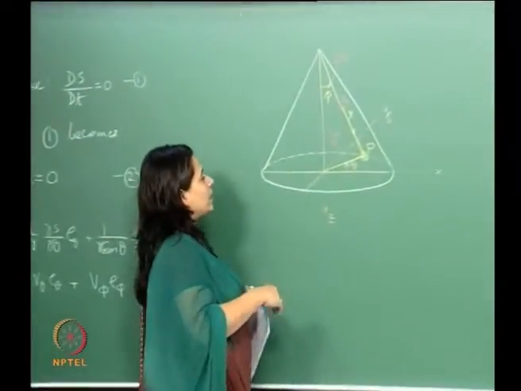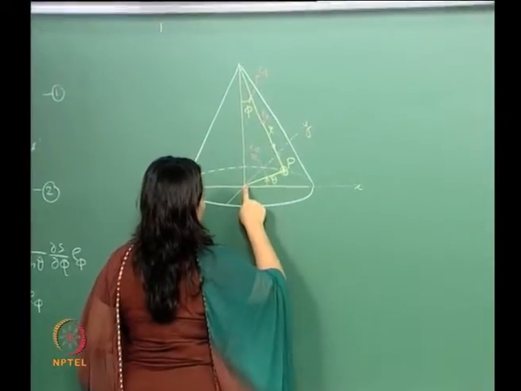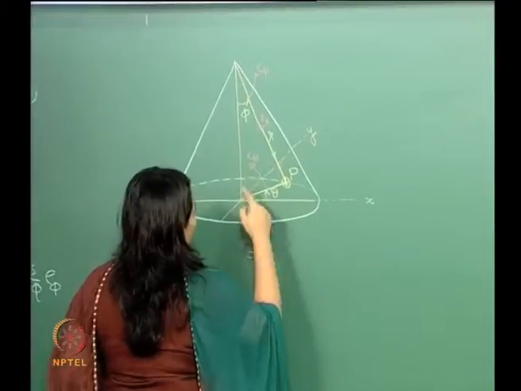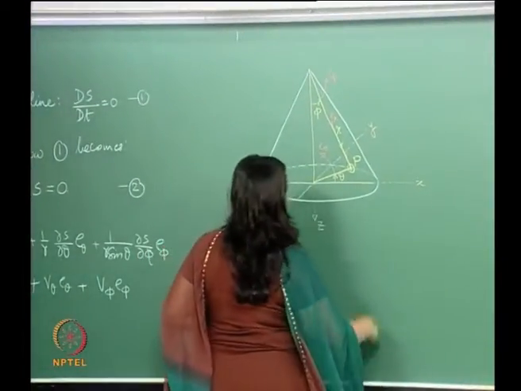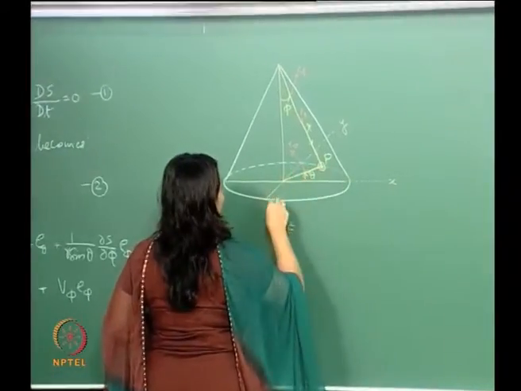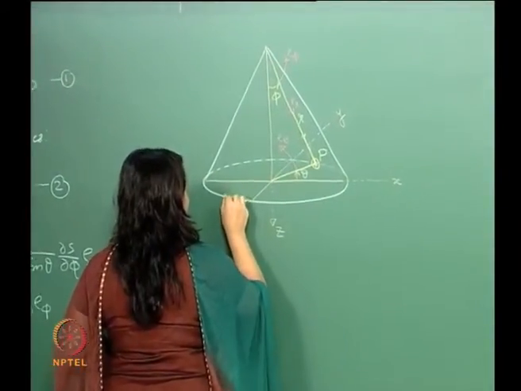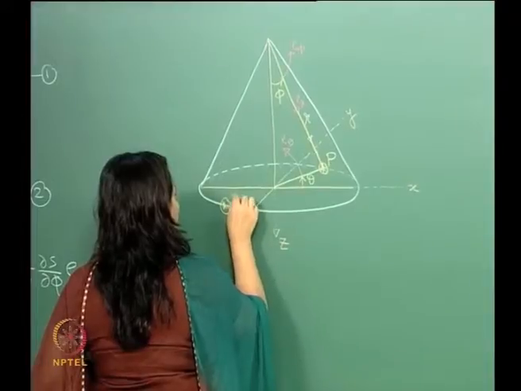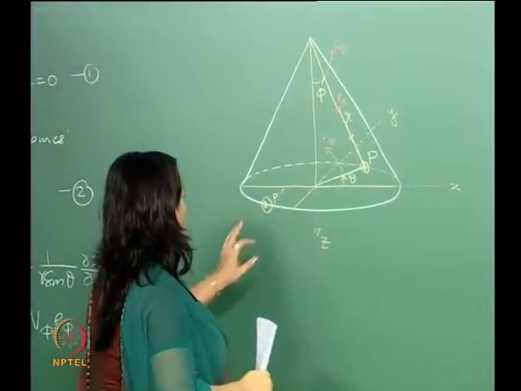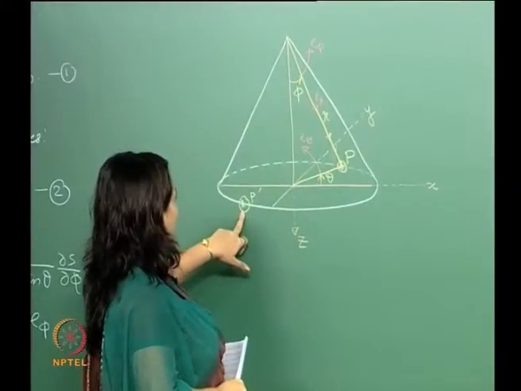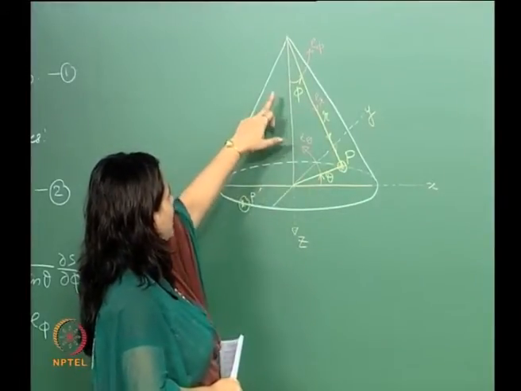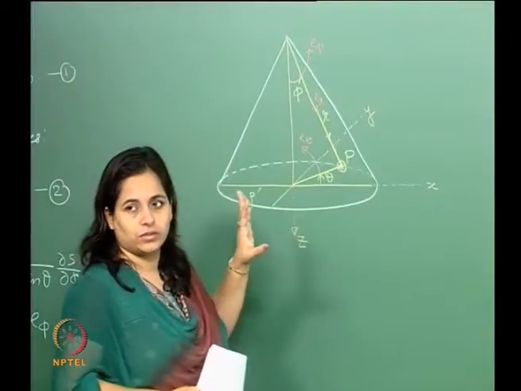So, if I have a point that goes from one point to the other. Say this P was originally at some location here, and it moves from P dash to P. So, you can see that here the theta, the phi and the r are all different, isn't it?